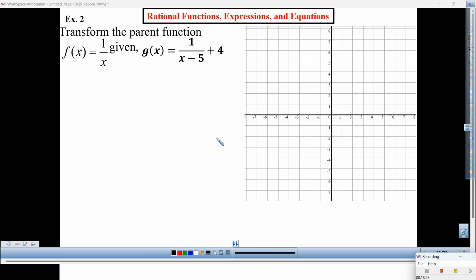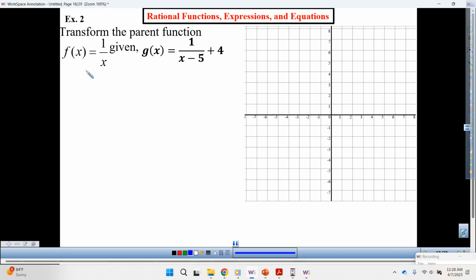All right, so transform the parent function f of x equals 1 over x, given g of x equals 1 over x minus 5 plus 4. What is the first thing we do, Dana? The VA, which is x equals 0, and what is our HA?